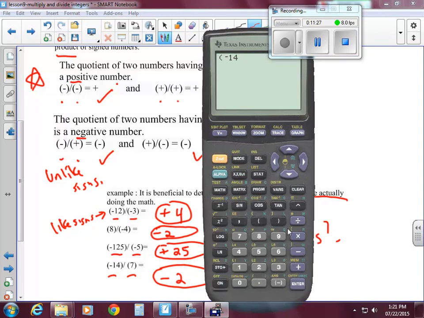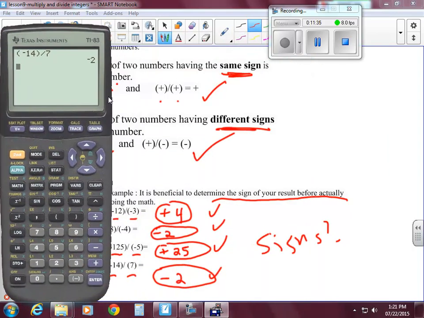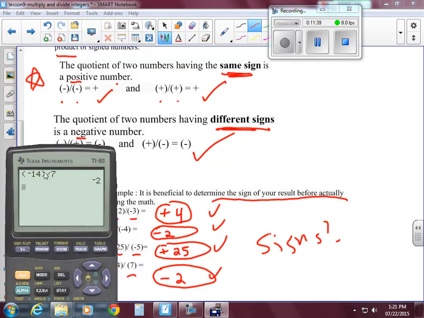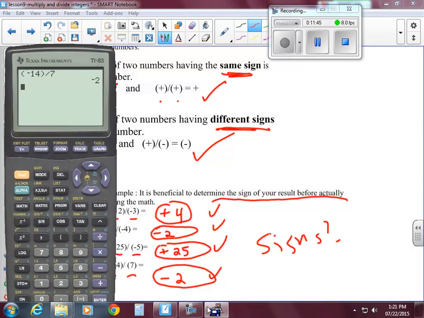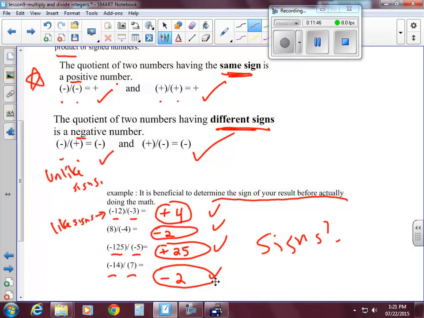See, negative 14, parenthesis, divide by 7. You could key it in, and obviously you see the calculator's returning a negative 2 there. But like I said, just listening to what the calculator says is not really testing your knowledge of signs. So we don't want to get dependent on that calculator. But indeed, negative 14 divided by 7 is negative 2.